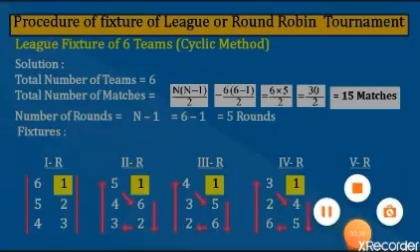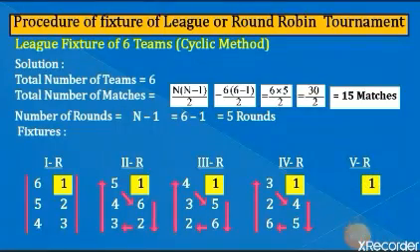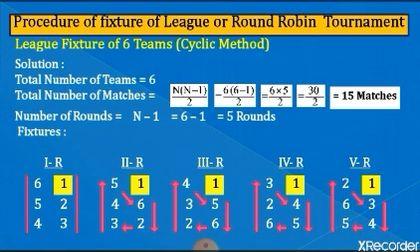In round 5, team 1 still remains at the same position. Team 3 moves down and the rest of the teams move in cyclic way in clockwise direction from downward to upward. This is the presentation of the league fixture of 6 teams by the cyclic method.